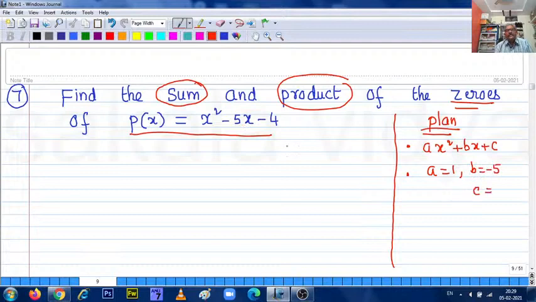The c value is the constant term, that is negative 4. Zeros are denoted by alpha and beta. Sum, alpha plus beta, is equal to minus b by a. Product, alpha beta, is equal to c by a. Using these two formulae we can find the sum and product of the zeros. So let us solve it first.